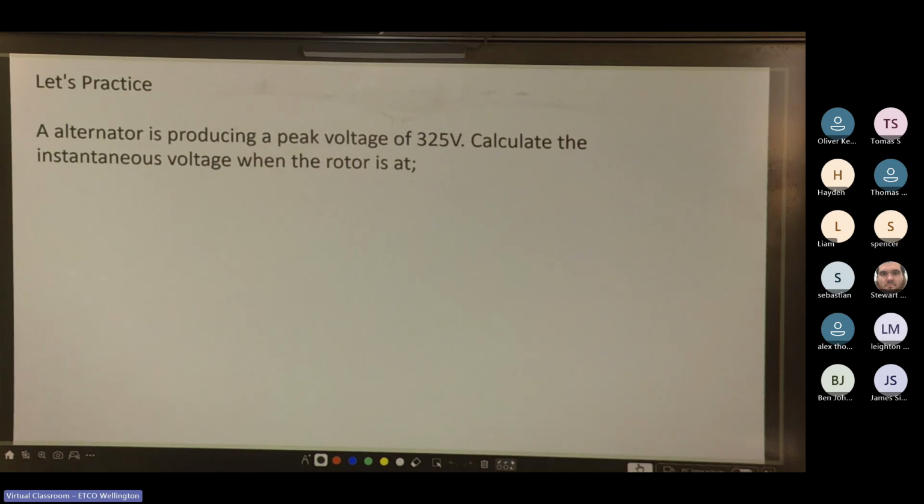So let's give it some practice. An alternator is producing a peak voltage of 325 volts. Calculate the instantaneous voltage when the rotor is at 30 degrees.